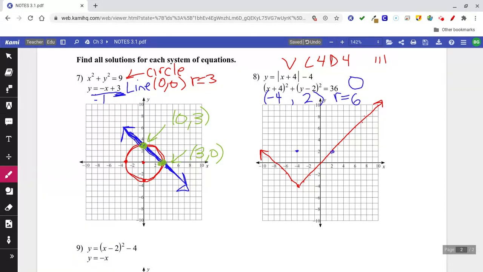Okay, good. Up 6. 1, 2, 3, 4, 5, 6. Left 6. 1, 2, 3, 4, 5, 6. And down 6. 1, 2, 3, 4, 5, 6 right there. Interesting. It's kind of hard to draw a good circle. Oops, I missed. That's good there for a second.